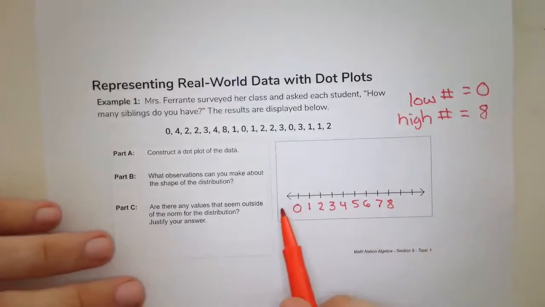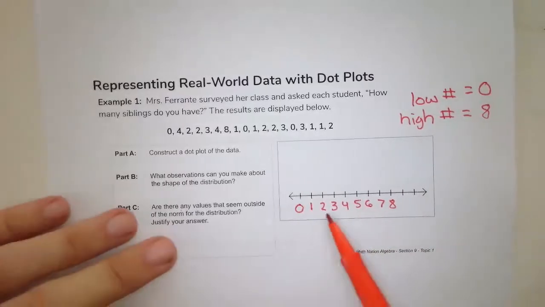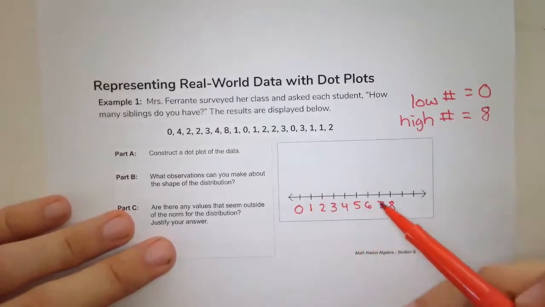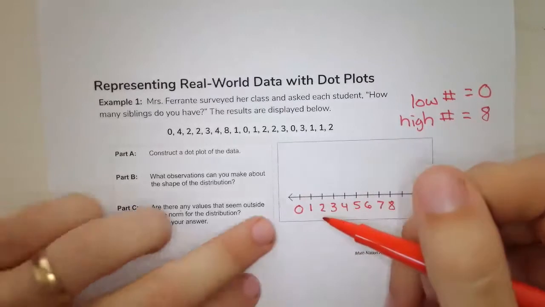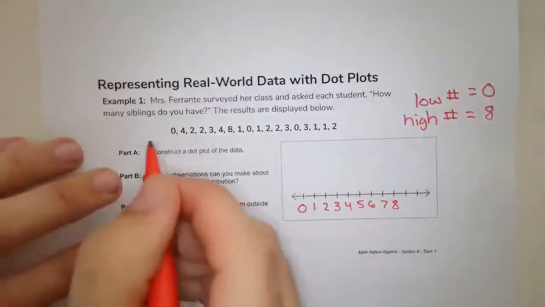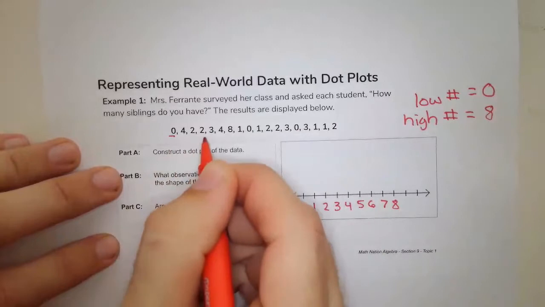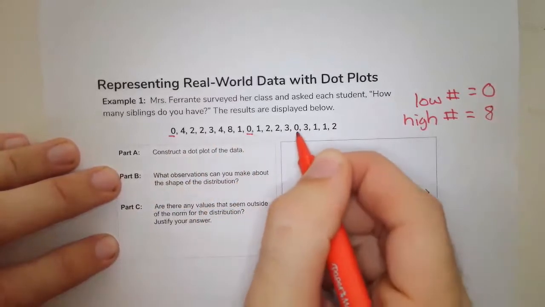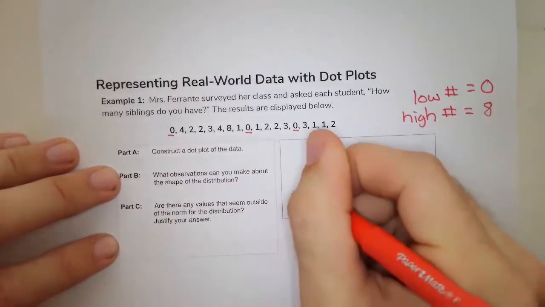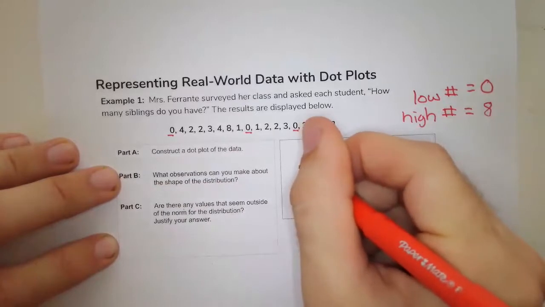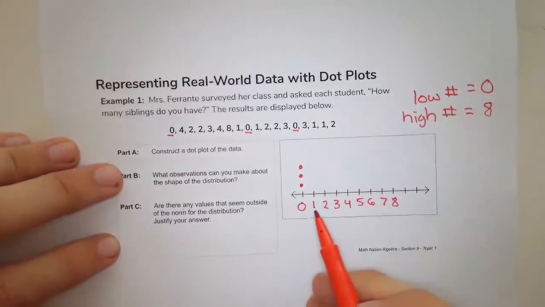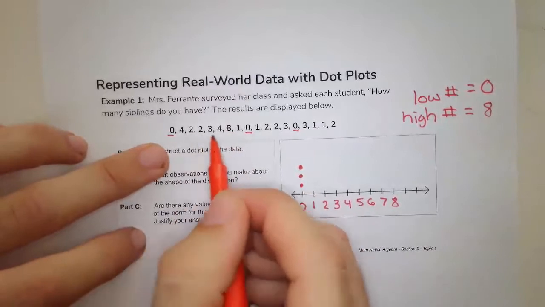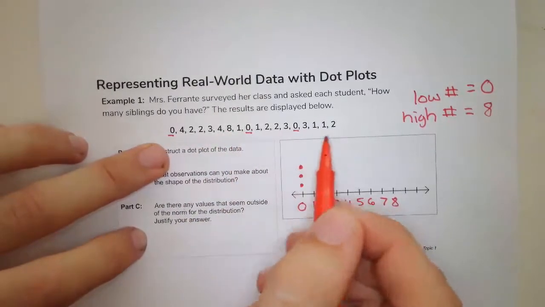Okay. So from here, we're going to start putting the frequency that each one of these happens. So 0 is going to show up once, twice, 3 times. So I'm going to go 1, 2, 3. When we look at 1, a good way to do this is to mark off what numbers you've used already.